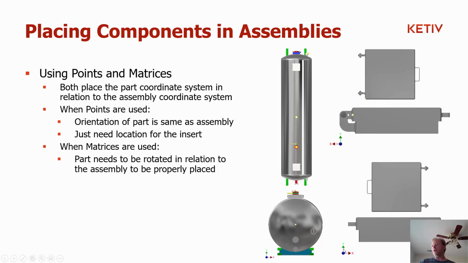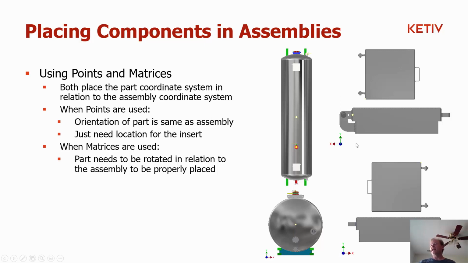And if you notice, my Y and my X axes are the same in my part as they are here inside of my tank. The back one, on the other hand, we want to rotate around the Y axis 180 degrees. And so that one, my X axis is backwards or inverted from the X axis on the other one. And that will also invert my Z axis, even though you can't see that right here in this view.